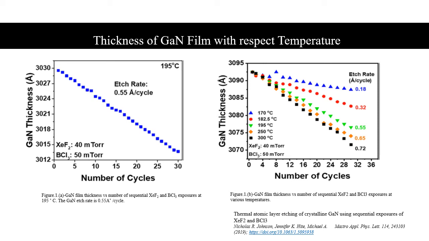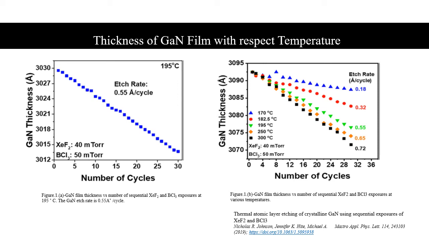After multiple experiments, the etch rate varied between 0.5 and 0.59 Angstrom per cycle, but this etch rate was much less than the gallium nitride etch rate in plasma ALE using chlorine.